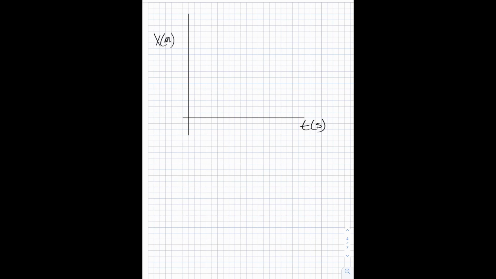All right, so when we make these position versus time curves, we always put the position on the y-axis. Notice that x is on the y-axis. X means position, right? So this is position over here. And time goes on the x-axis, always. And then 0, or the origin, is right there where the two axes meet.